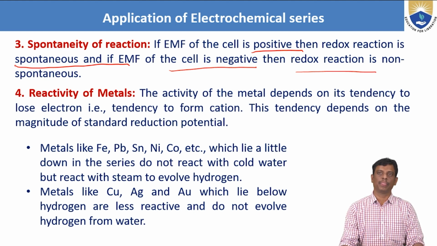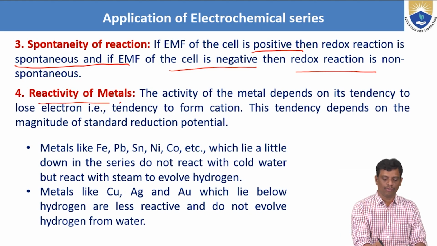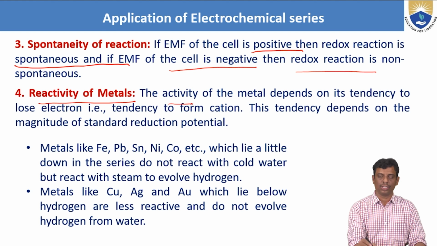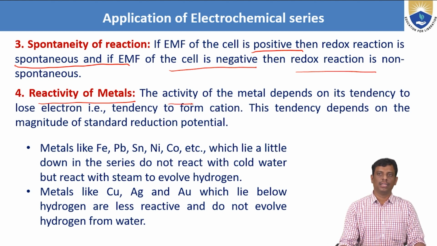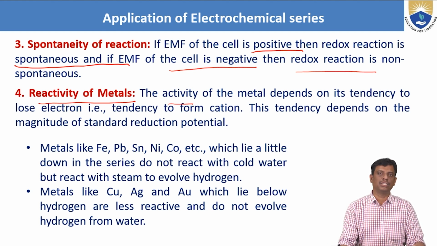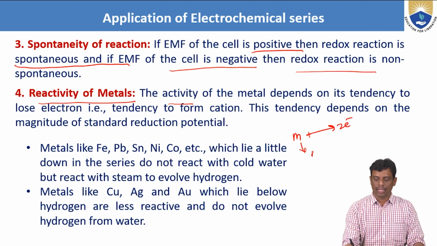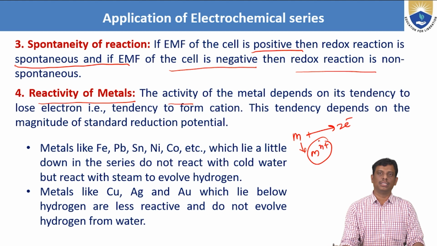Another application of the electrochemical series is the reactivity of metals. The activity of a metal depends on its tendency to lose electrons. When a metal loses electrons, it is converted to M n+, a positive cation.